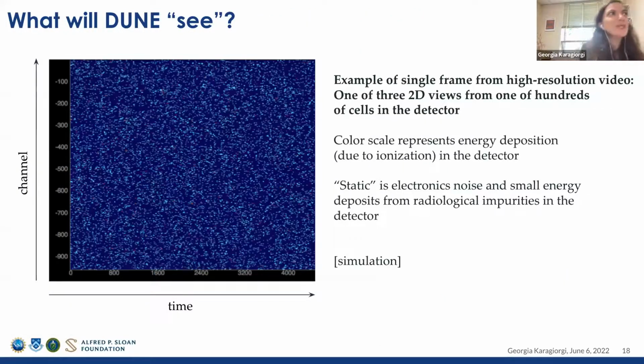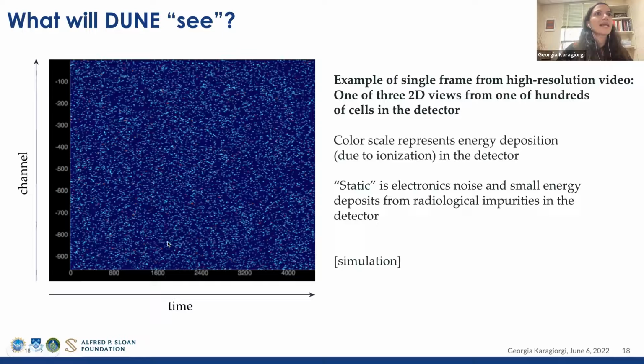Okay, so what does DUNE actually see in this high streaming data rate? Well, this is an example of just one such 2.25 millisecond frame from just one of those 200 volumes that make up one of the 4 detector modules. So for the most part, DUNE sees image frames in its video stream that look like this. And these are actually empty frames, okay? So this represents one of the 2D projected views of whatever is happening within the cell volume.